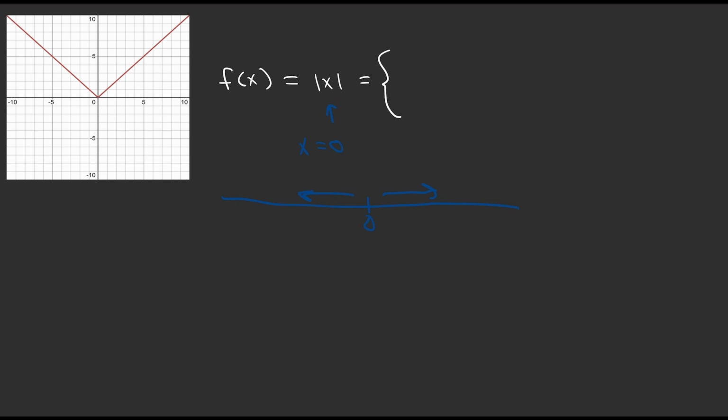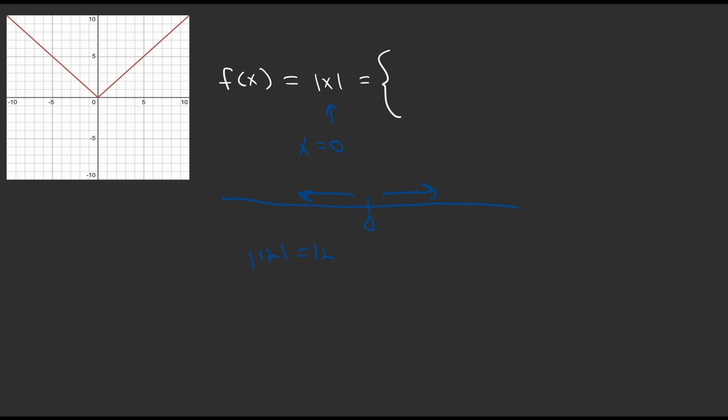is less than 0. Alright, so when x is greater than 0, we know that our x value is going to be positive. Let's say positive 12, right? And when we plug in positive 12 into our absolute value function, we're going to get a positive value.